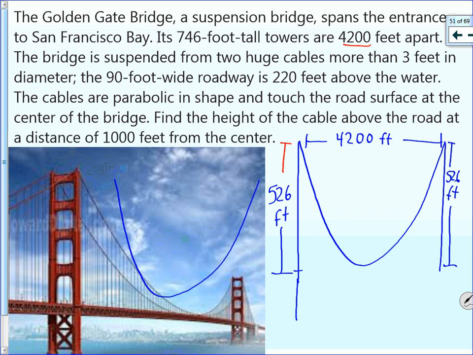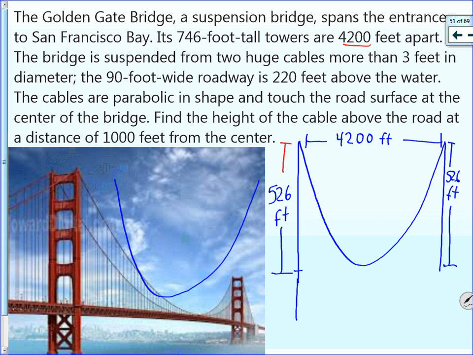There are so many ways to do this problem. I was thinking you just put it at the origin or at the vertex, but we don't have to do it that way. You can put it anywhere. That's the thing with real life modeling, you can impose your axes wherever you want.